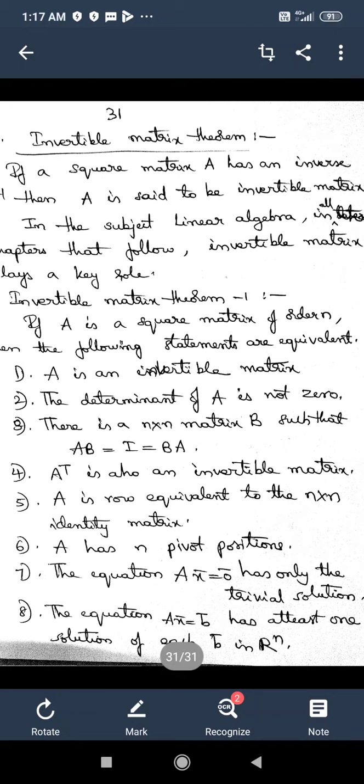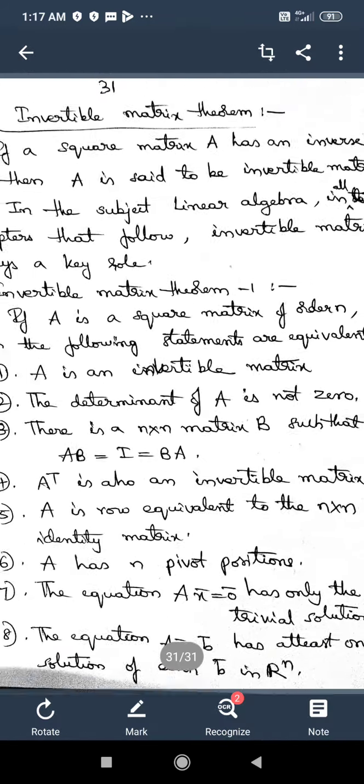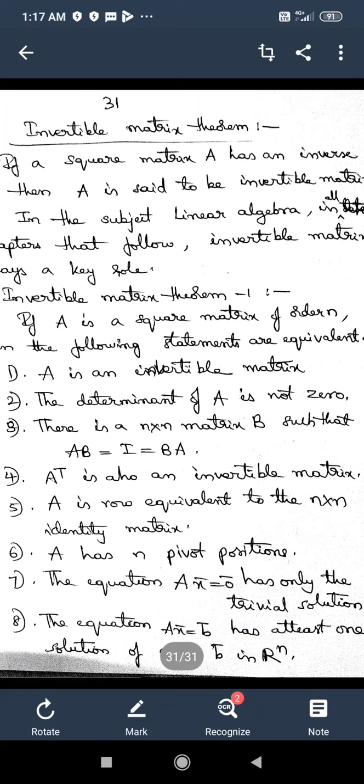So A can be reduced by row operations to an n by n identity matrix, the nth order identity matrix. The sixth one states that A has n pivot positions. The maximum number of pivot positions in a square matrix of order n is n.